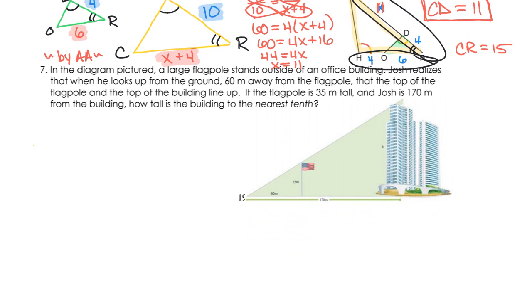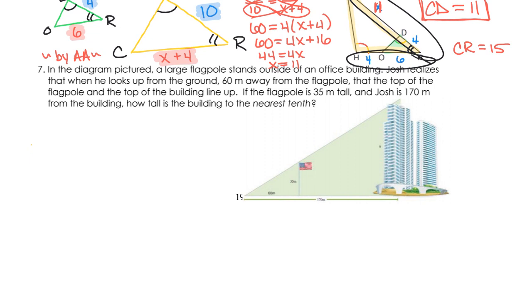It says, in the diagram, a flagpole stands outside of an office building, and Josh realizes that when he looks up from the ground, 60 meters away from the flagpole, the top of the flagpole and the top of the building line up. So right here, we're going to go ahead and put a little stick person, and what do they call him? They say Josh. So this is Josh.